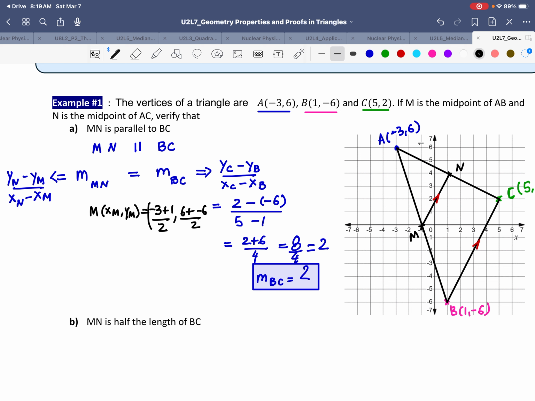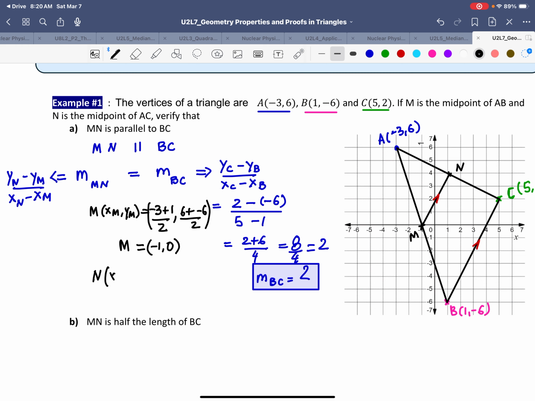Now we'll determine the coordinates of M. Negative 3 plus 1 is negative 2, divided by 2, negative 1. 6 plus negative 6 is 0, divided by 2, 0. So the point M will have the coordinates negative 1, 0. Don't forget the brackets.